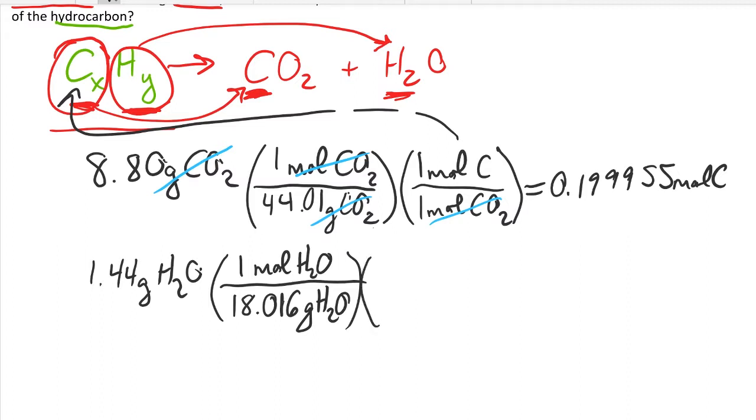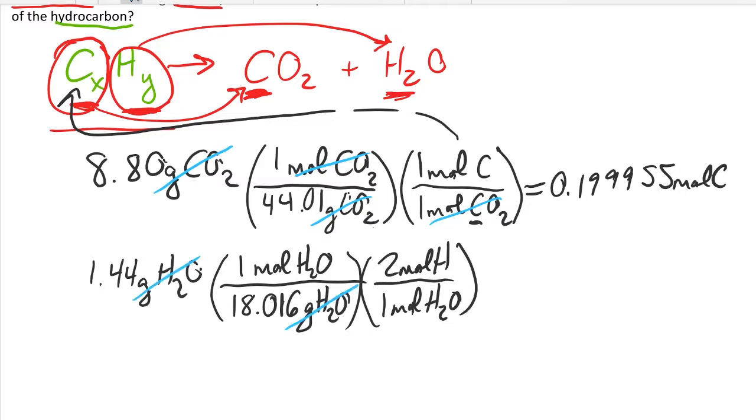Now, the ratio between carbon dioxide and carbon was 1:1 because it only takes 1 carbon for every 1 carbon dioxide. Now, for every 1 mole of water that was produced, it required 2 moles of hydrogen from our original material. Now we can go through and cancel out units.